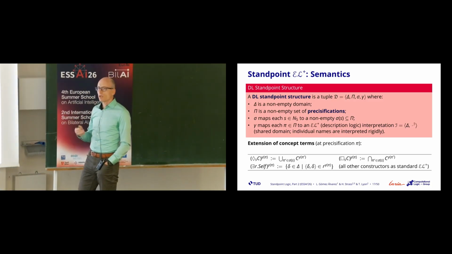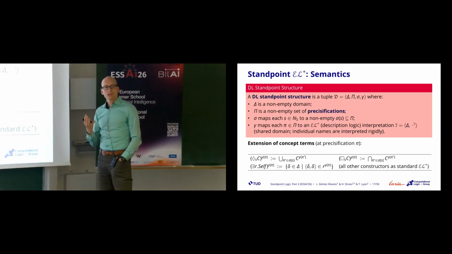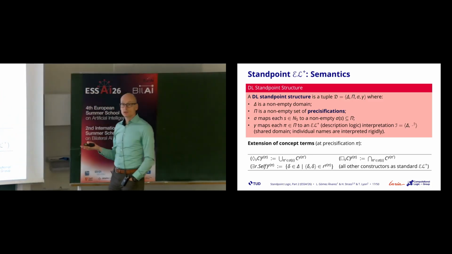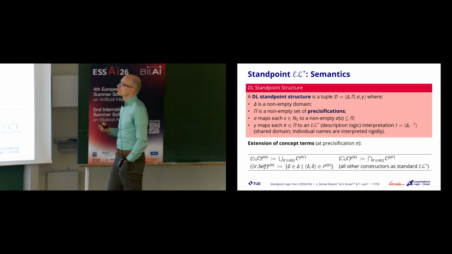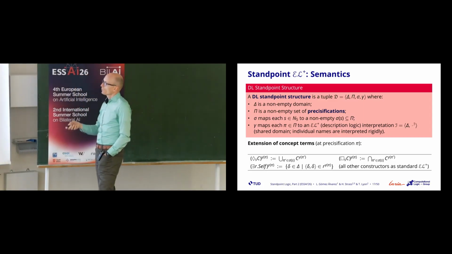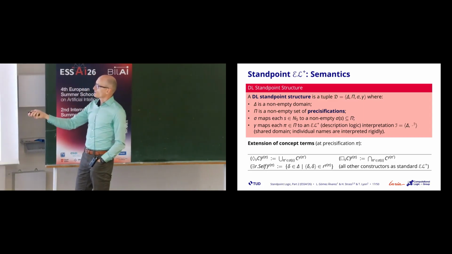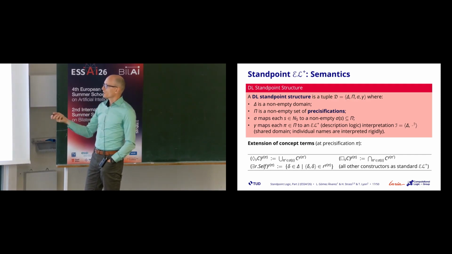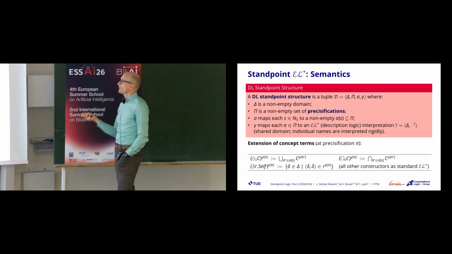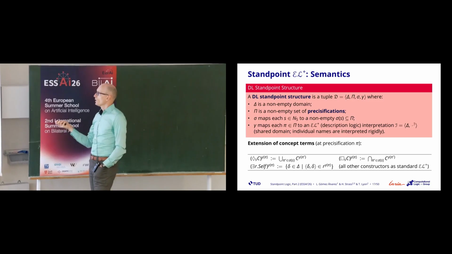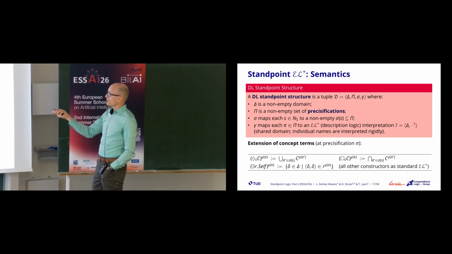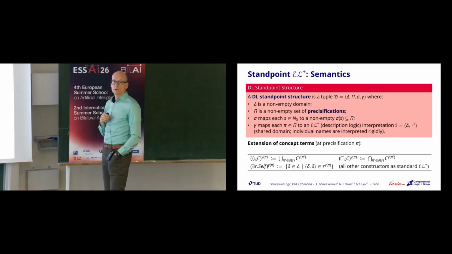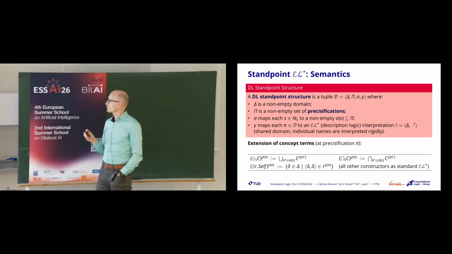So previously, we had a function mapping each precisification to a propositional valuation, right? And here, since we have a description logic domain, if you will, what this gamma does is it maps each precisification to a description logic interpretation, with all of these interpretations sharing the same domain that is already given by this overall standpoint structure.